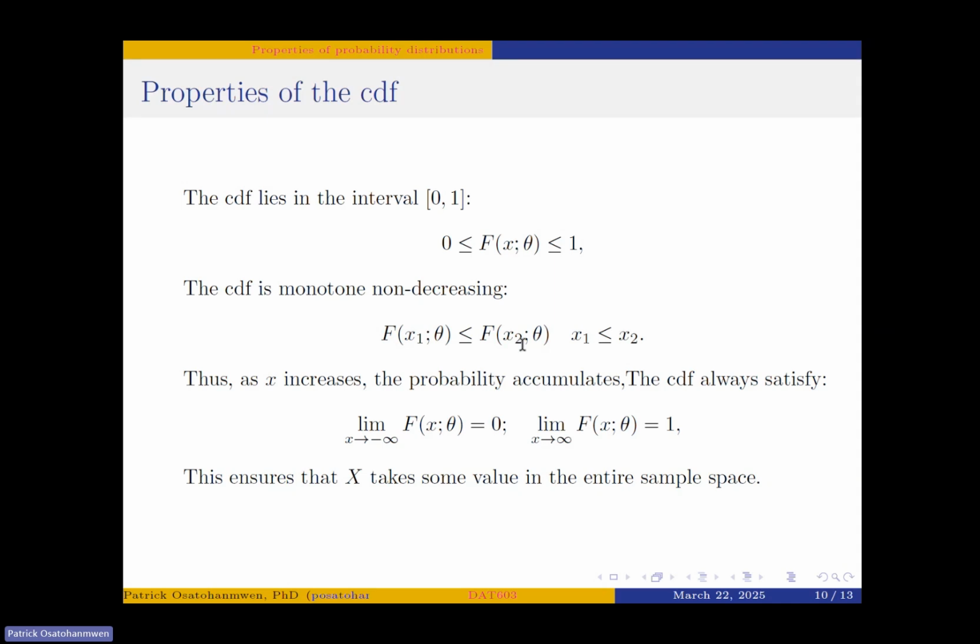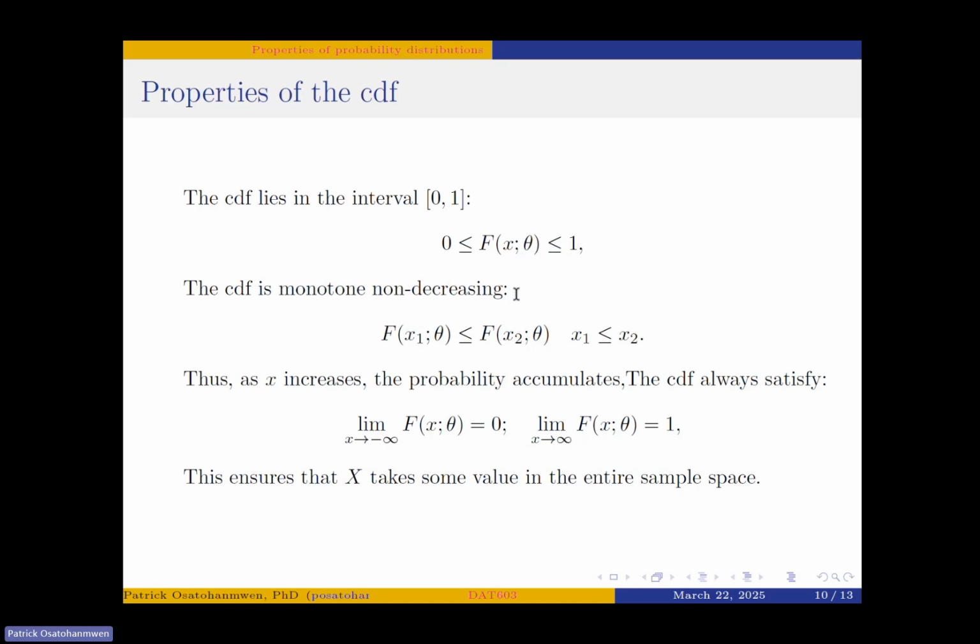The CDF also always satisfies this: when x tends to negative infinity, the limit of the CDF is equal to 0. When x tends to positive infinity, the limit of the CDF is equal to 1. So that is why you see the CDF lies between 0 and 1. We can say that the CDF assumes a value of 0 when x is minus infinity, while the CDF assumes a value of 1 when x is infinity.